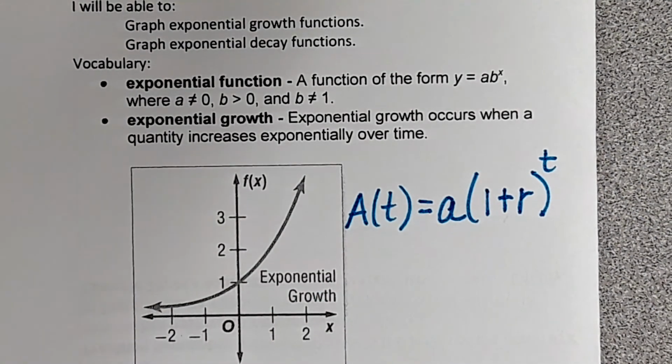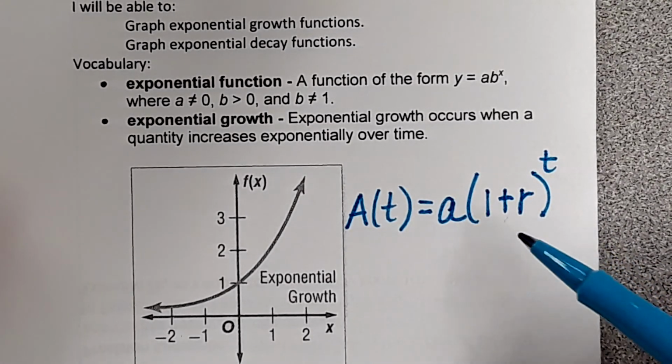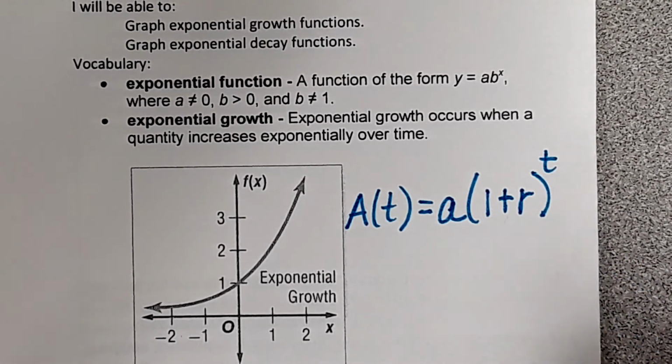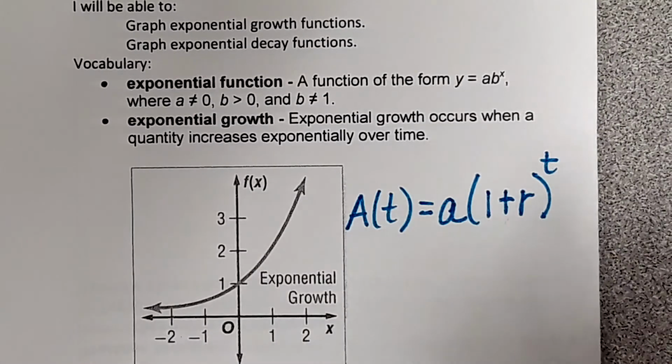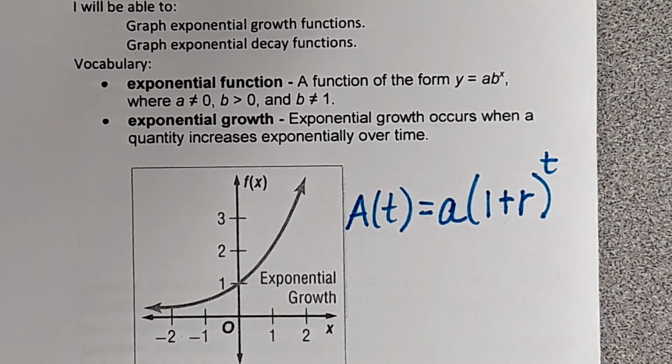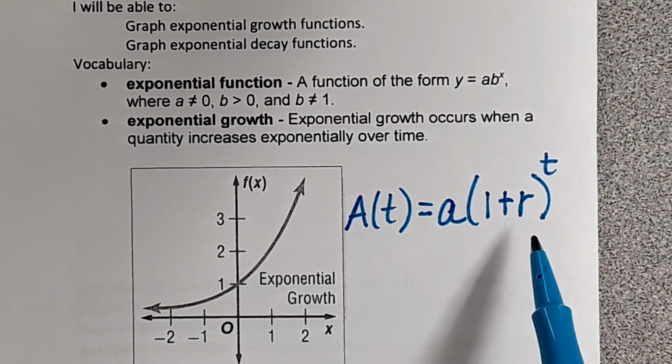R being the rate, t being the time. And R plus 1 is called the growth factor. So when you do your vocabulary tonight, it's here. You'll see some of it in section 7.1. Okay. So this is the exponential growth equation.